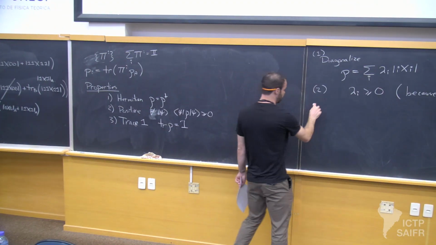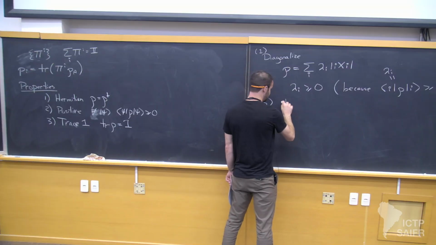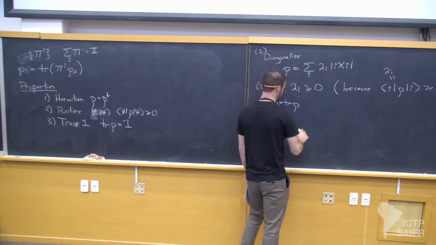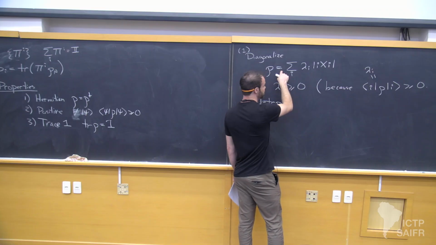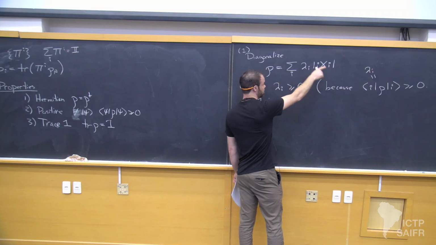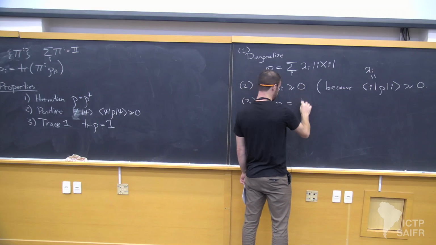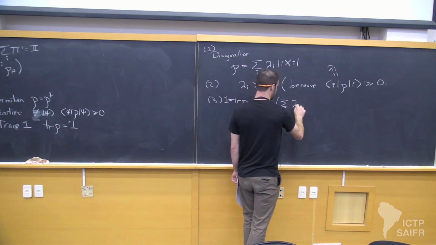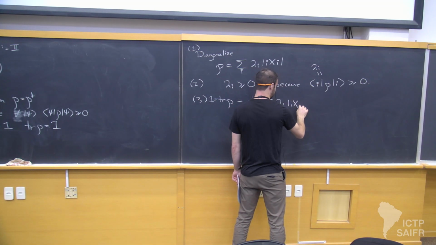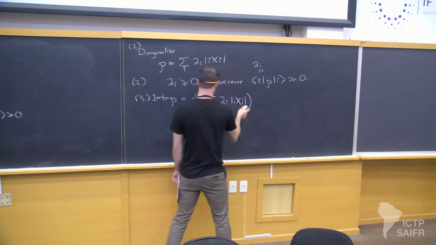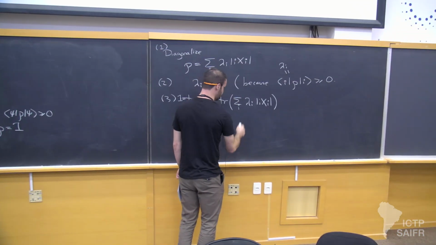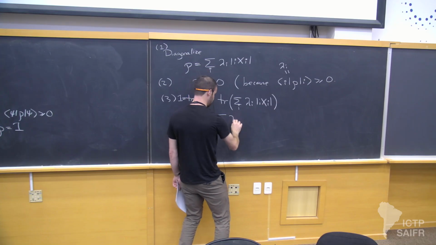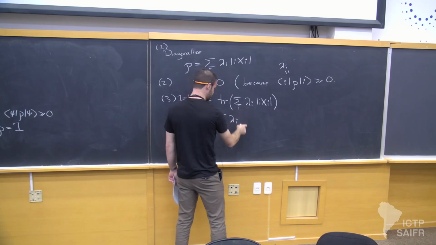And then from 3, we get that the trace of rho is 1. And if I insert this expression for rho, the diagonalized expression, in here, I'm getting that the trace, the sum over i, lambda_i, that this thing is 1. Using the linearity of the trace again, that lets me pull this out.